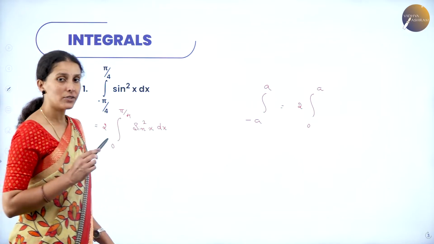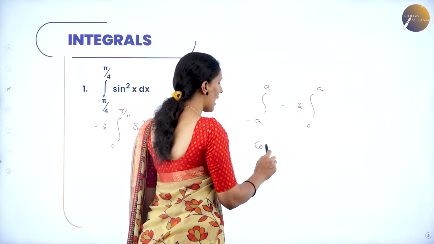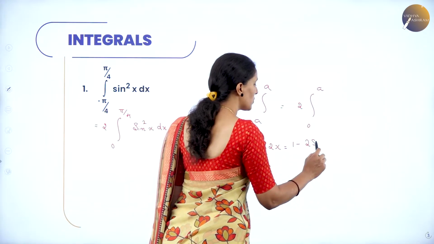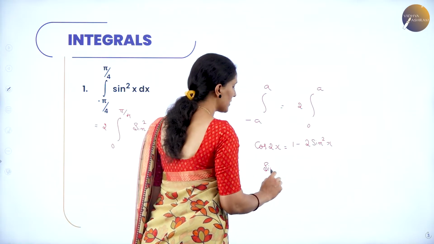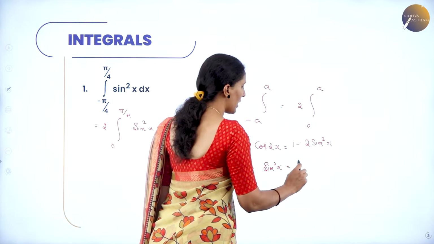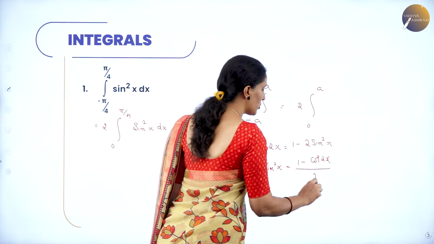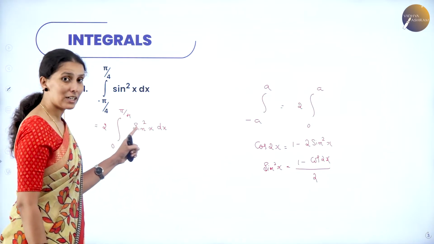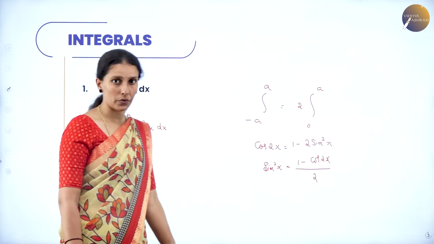Now again, sine square x. We know from the multiple angle formula that cos 2x can be written as 1 minus 2 sine square x. Therefore, sine square x can be written as 1 minus cos 2x whole divided by 2. Because I don't know the value of the integral for sine square x, but I can convert it into the form of 1 minus cos 2x by 2.